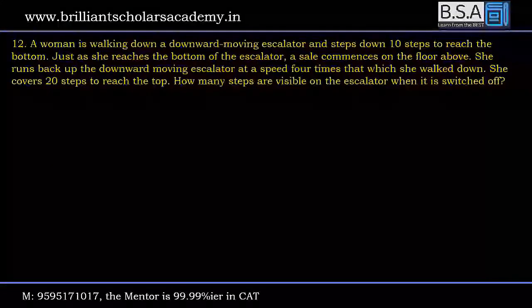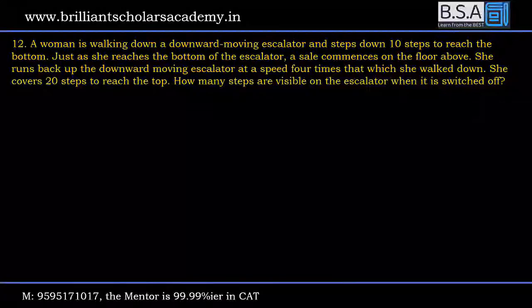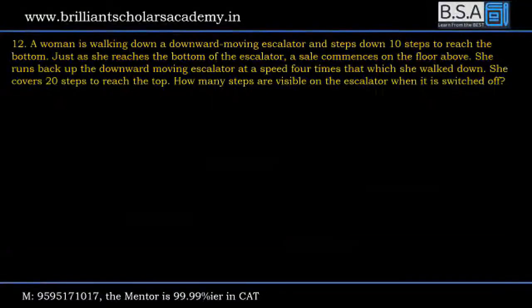A woman walking down a downward moving escalator steps down 10 steps to reach the bottom. Just as she reaches the bottom of the escalator, a sale commences on the floor above.